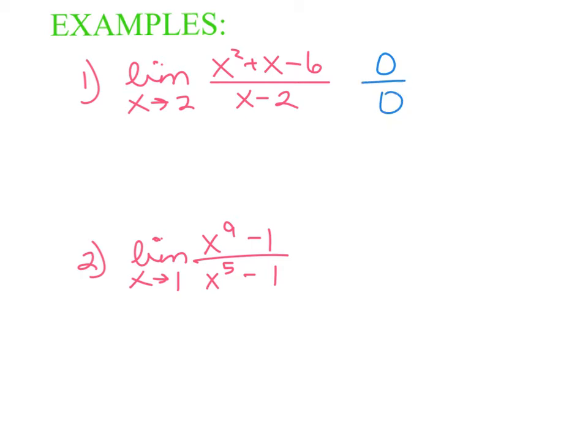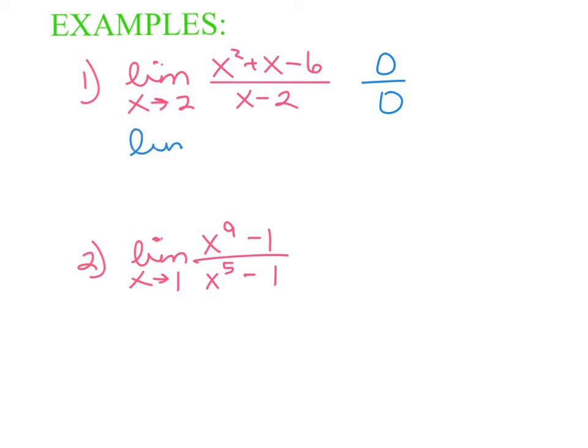So this is a 0 over 0 type, which tells us that we're going to employ the new rule. Now, like I said, this is one where I could have, and you still can, factor the top and factor the bottom, and x minus 2 would cancel out, and then plug the 2 in. But some of you may find that L'Hopital's rule is actually a lot easier.